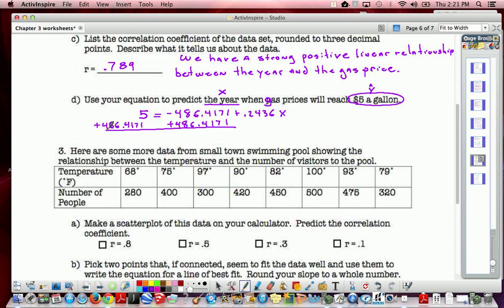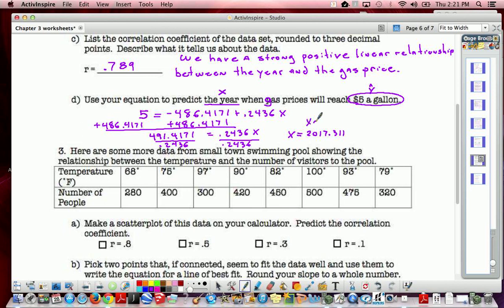So when I do that, I get 491.4171 equals 0.2436x. So I'm going to divide both sides by 0.2436, and I get x to be 2017.311. So that answer seems to make sense.